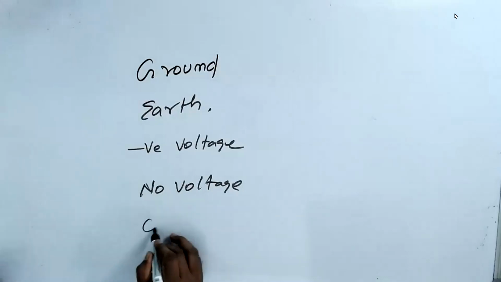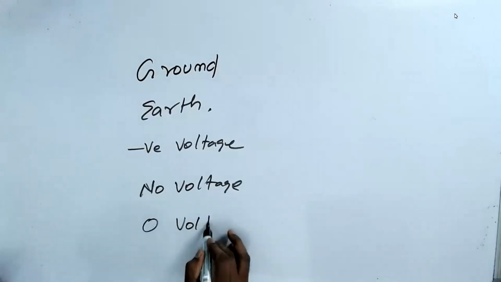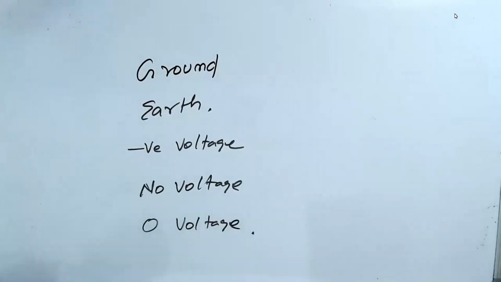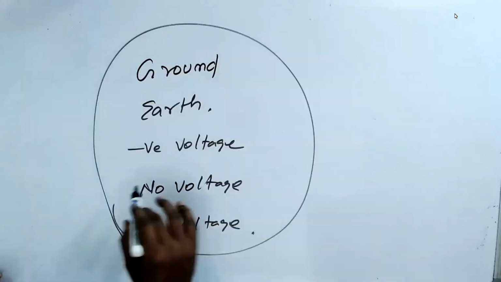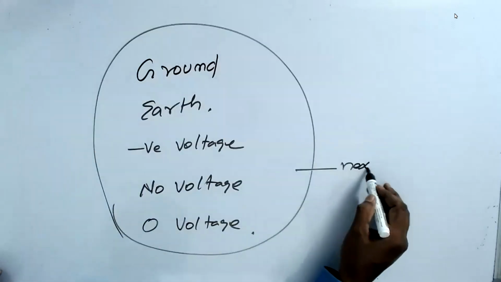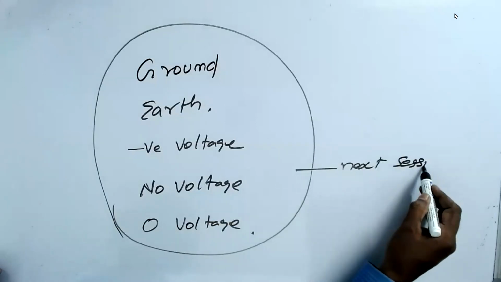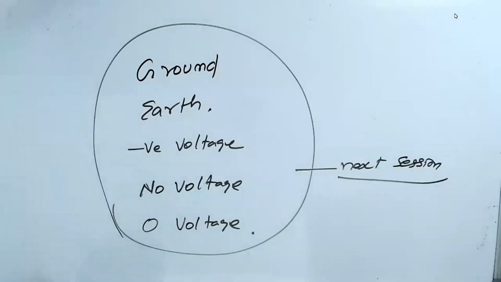What is zero voltage? Understand? We have lots of questions. So let's try to discuss all of them in the next session. All this will be very important when you are viewing electronic circuits. These points are very, very important.